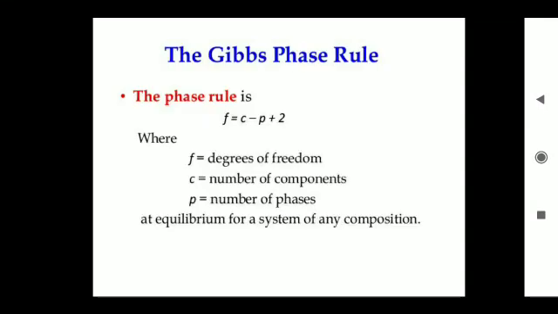The Gibbs phase rule is F equals C minus P plus 2, where F is the degrees of freedom, C is the number of components, and P is the number of phases at equilibrium for a system of any composition.